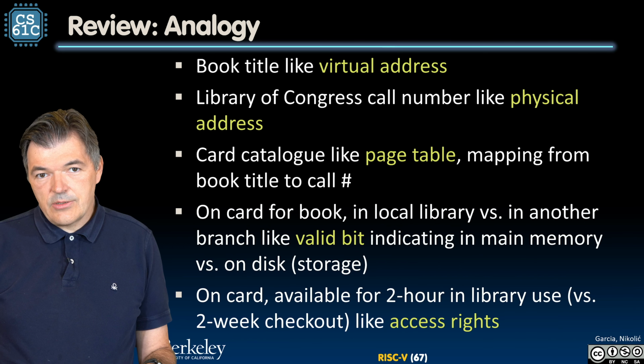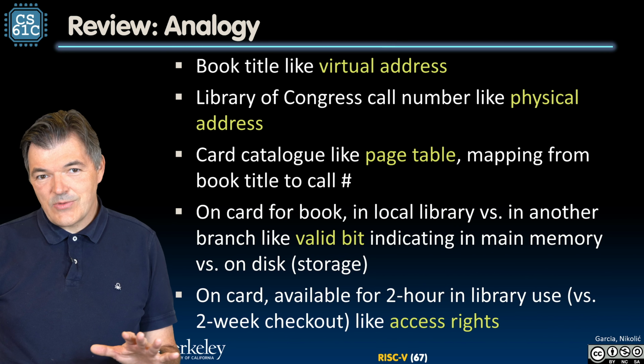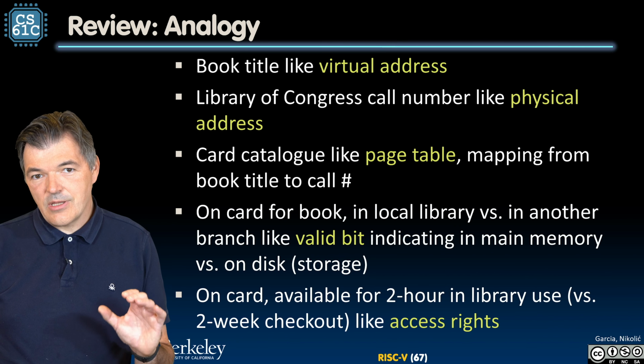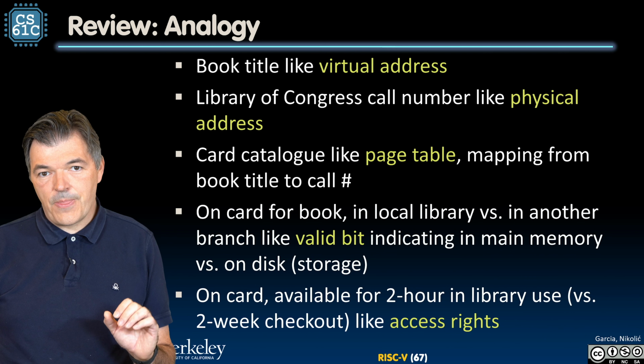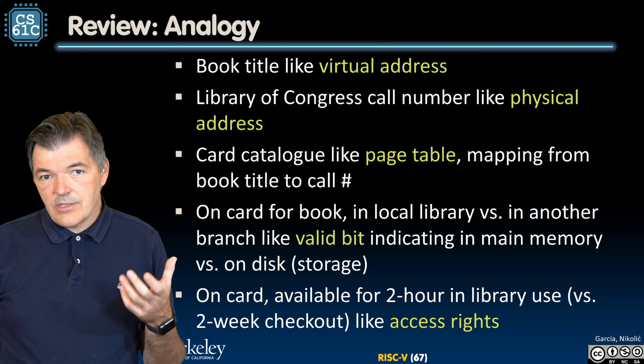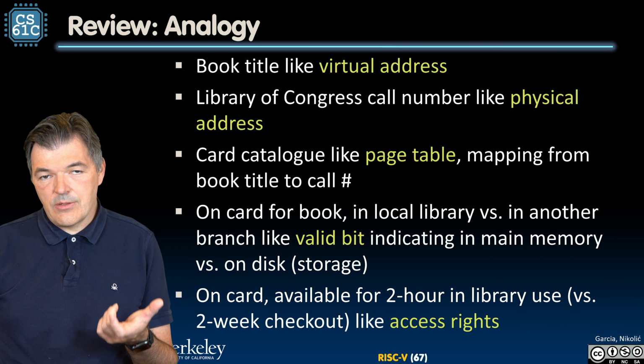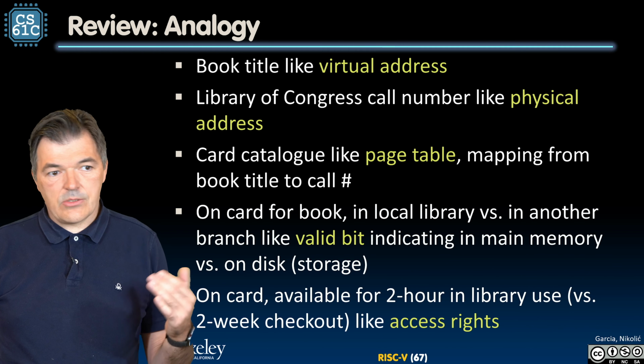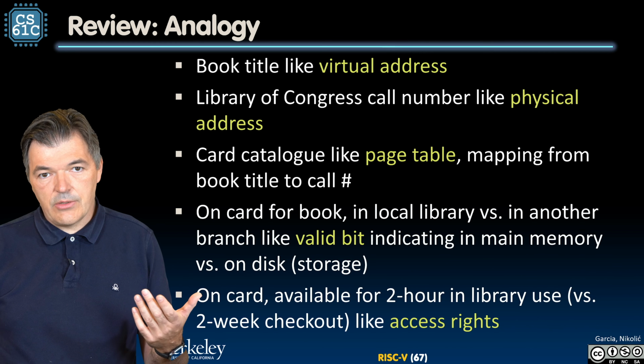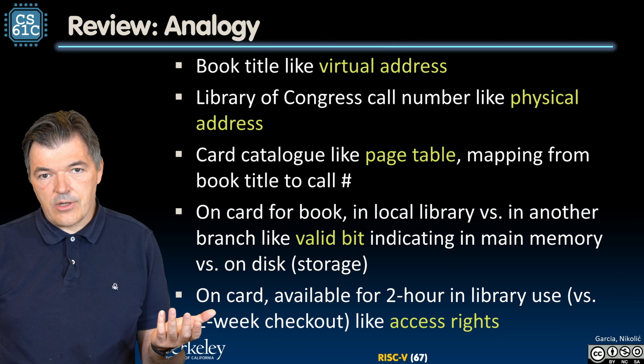The other analogy that we would like to recall now, since we have seen how the page memory system works, is the library analogy. We generally keep book titles in our heads. All we remember is a book title. We don't remember the Library of Congress call number.